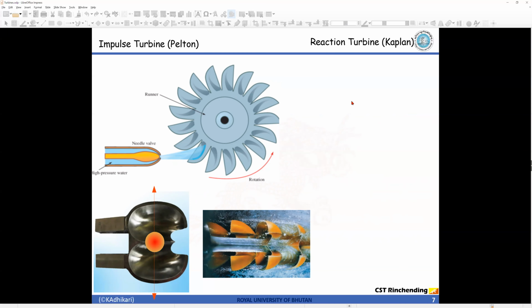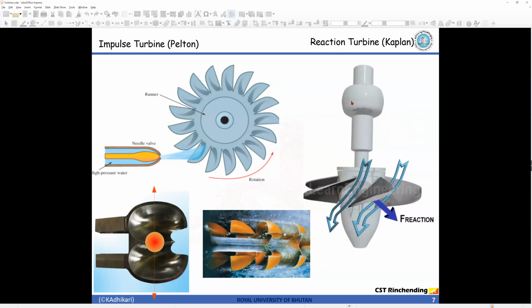And then there's the reaction turbine, the Kaplan turbine. So see, the action is entirely different. Water is accompanying the runner, and it moves out. When it moves out, there's a huge pressure here, and there's less pressure in this region.